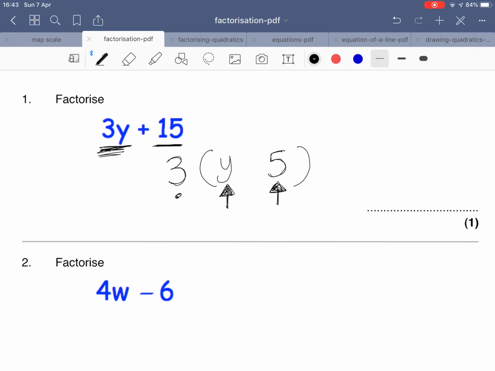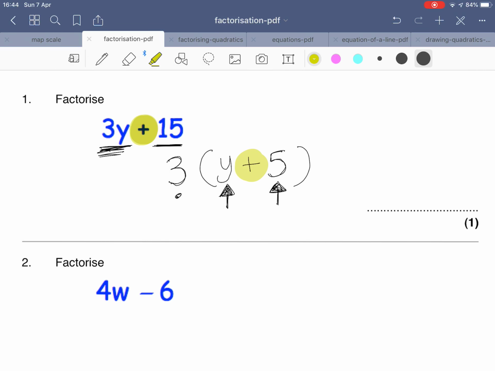Now, whatever sign is here, positive or negative, is usually the thing that goes in the middle. The only way it will change is if you've got a negative or a positive at the front here. But because I don't, whatever is here, a plus, comes in the middle.